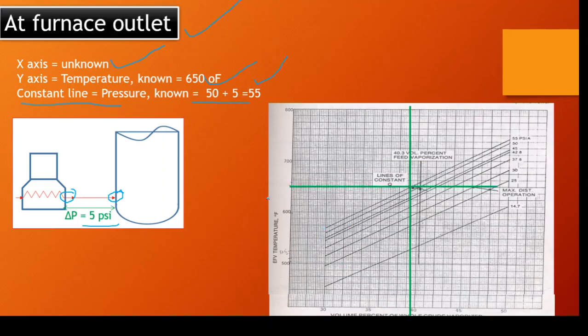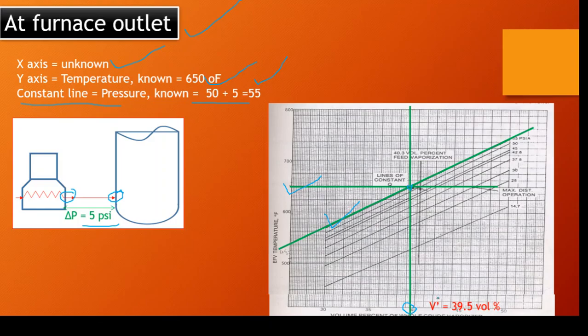Sorry, we first have to draw a line at 55, and then we go for the temperature 650. Both intersect at this point, and the value on the x-axis is very near to 40. It is 35, 6, 7, 8, 9, 39.5.